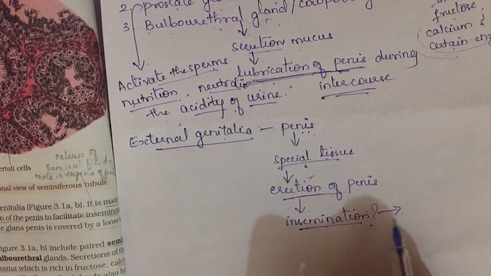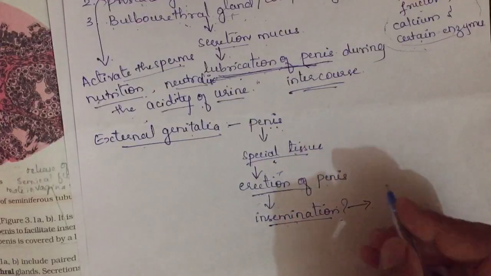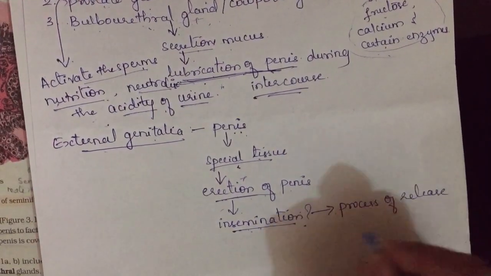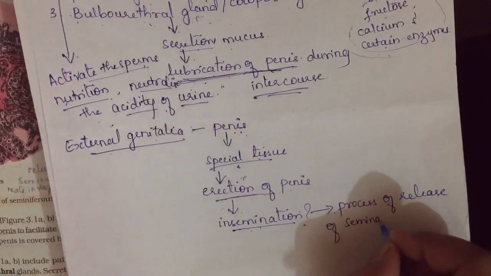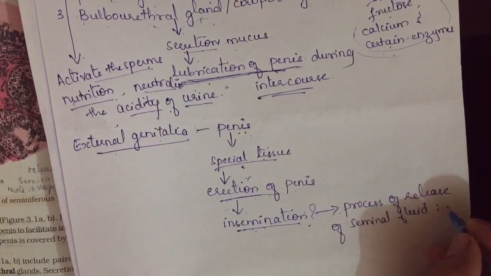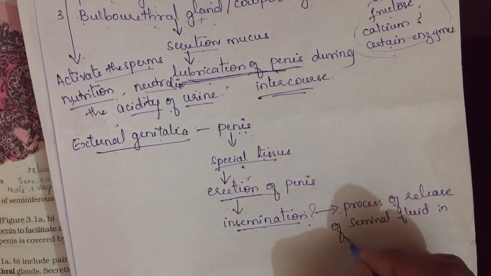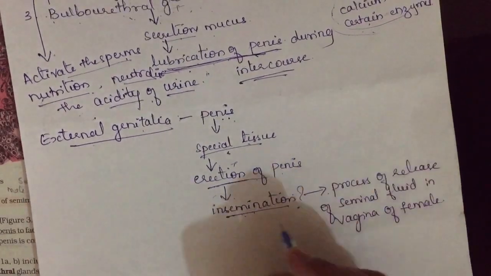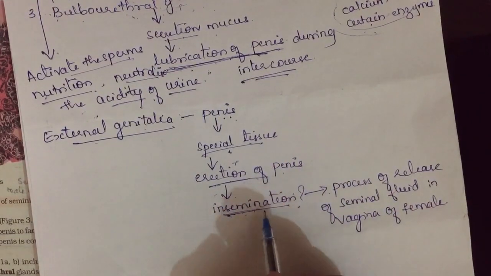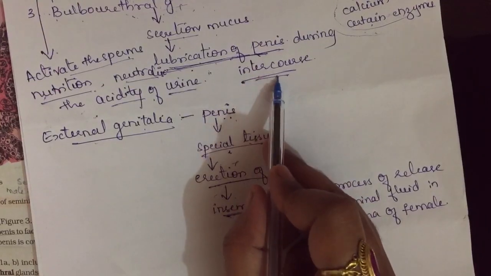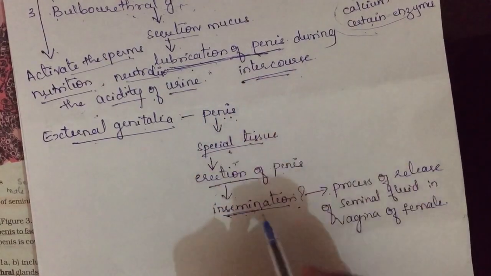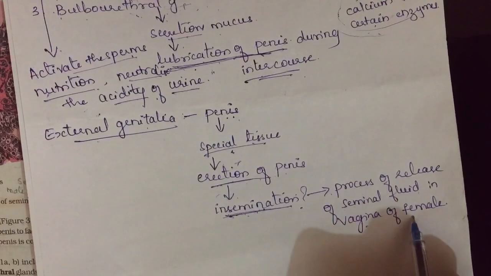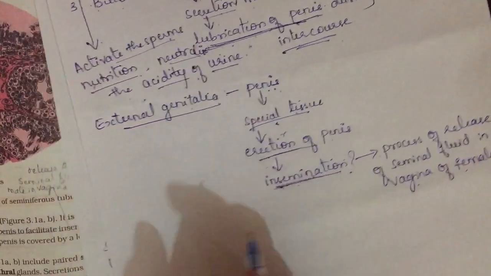Insemination is nothing but the process of release of seminal fluid in the vagina of the female. Insemination takes place during intercourse, when the male is releasing its sperms into the female. Now, what is seminal fluid? Seminal plasma.